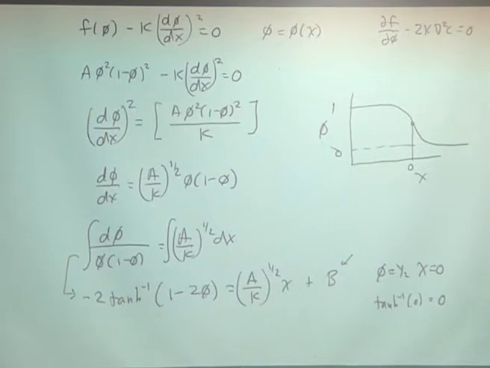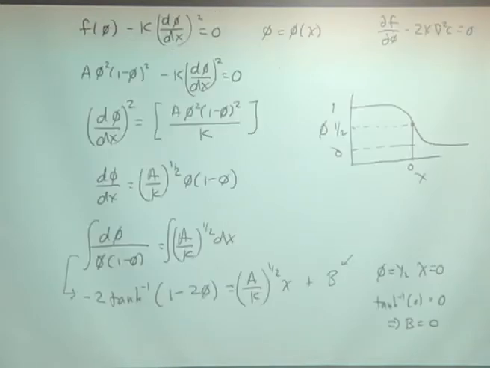And if x equals 0 is also that location, that implies that b is equal to 0. So you could just eliminate that. And the interface will be located at exactly 1/2, but you can put it any place you want. This just happens to be convenient because it eliminates this constant b in the problem.